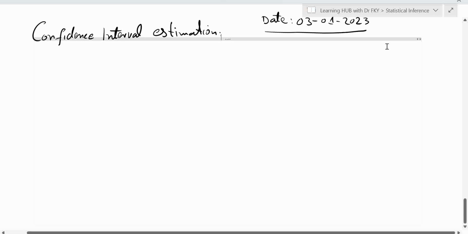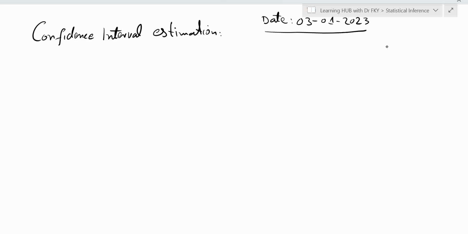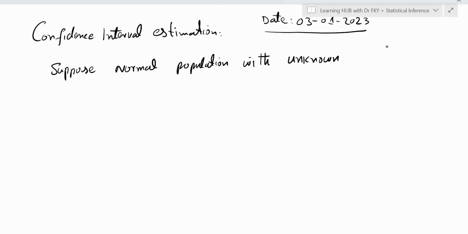Okay, why do we need confidence interval? You know that when we are estimating the population, suppose we have a normal population with unknown mean mu.